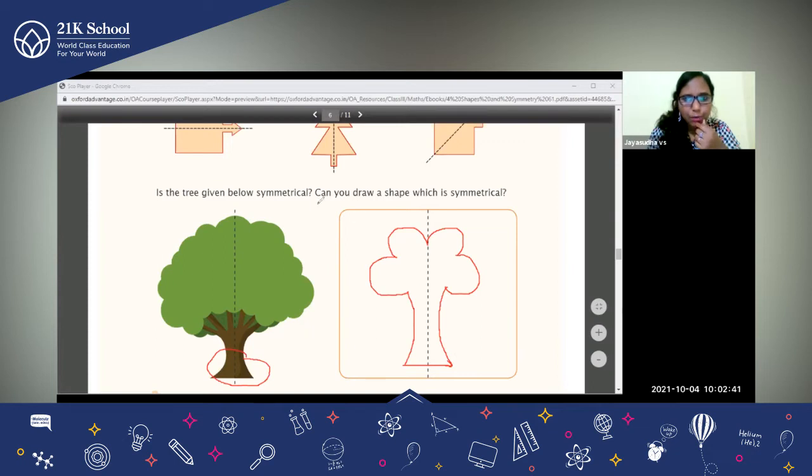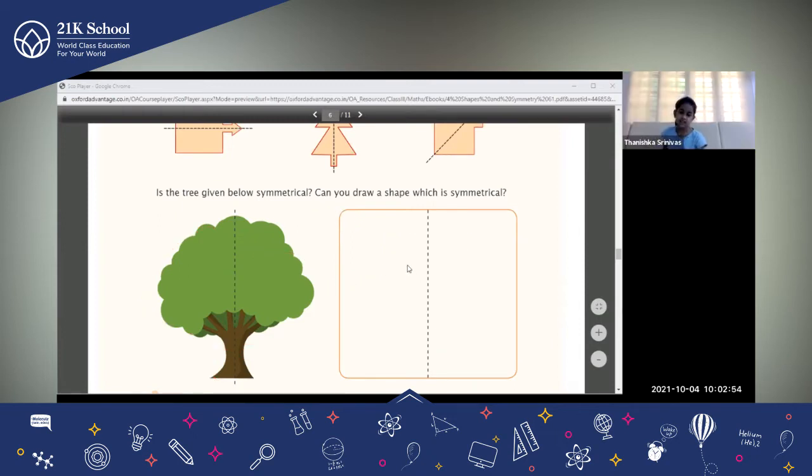No, actually, you are supposed to draw a tree, a symmetrical one. This is not a symmetrical tree, so you need to draw another one. You can draw any shape which is symmetrical, which should be equal on both the sides.